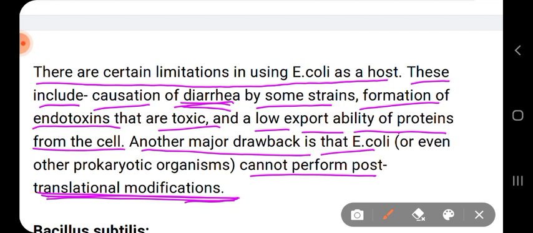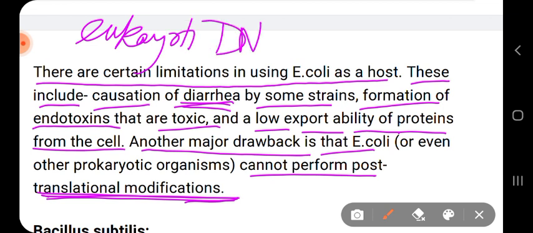And if that DNA has been taken from a eukaryotic cell, then it is much more problematic, because if you want to express the eukaryotic DNA, it has to undergo transcription. That can be done in a bacterial cell. It has to undergo splicing, which cannot be done in a bacterial cell.